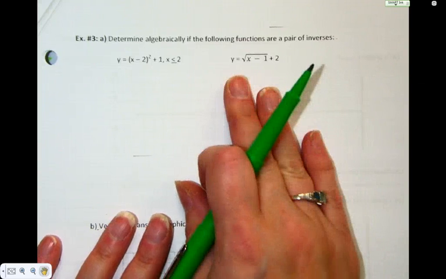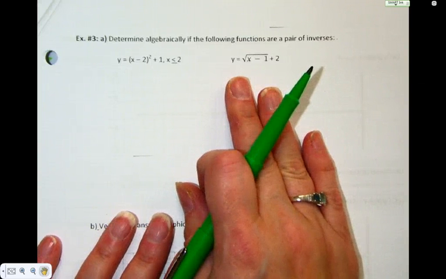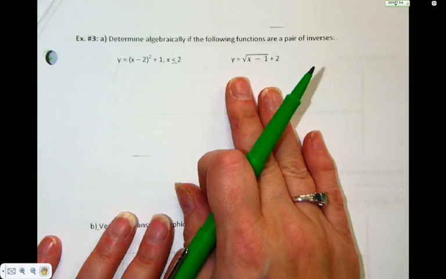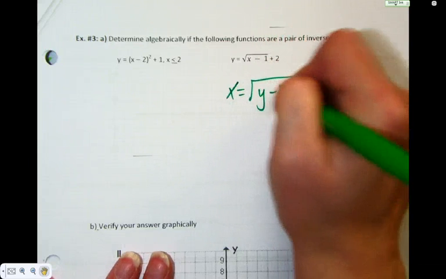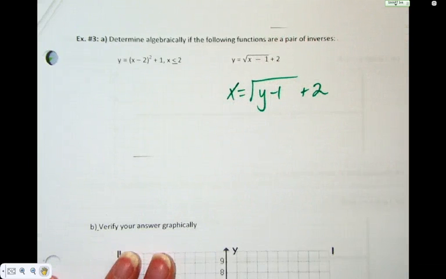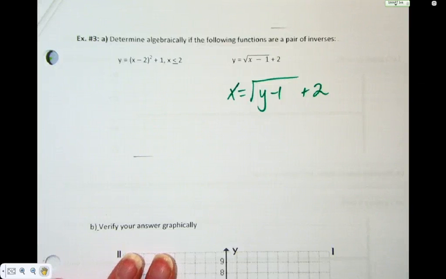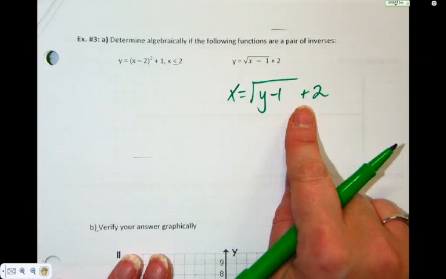So step number 1, change f of x to y. Done. Step number 2, flip x and y. Don't change anything else. We're just going to physically pick up x and y and change their spots. How do I get rid of a plus 2?